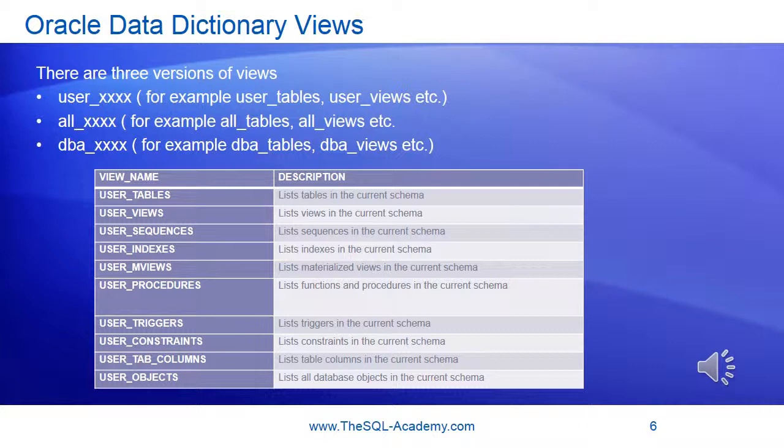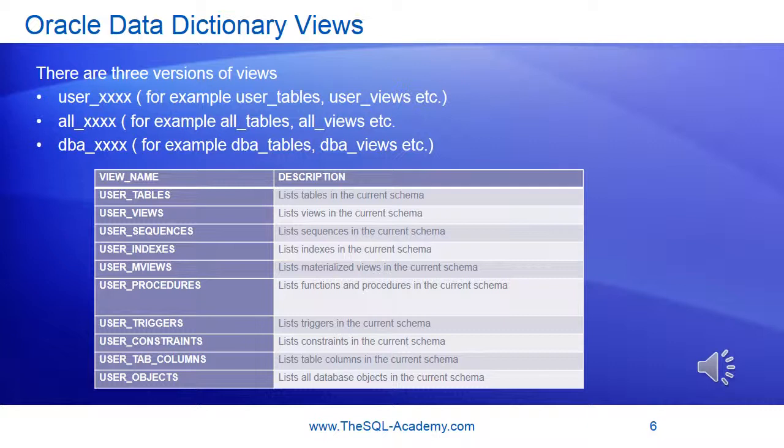The difference between them is that user_ views will have everything in your schema. For example, user_tables will list all the tables in your current schema. The all_ version of the view will have everything you have in your schema plus the database objects on which you have grants.